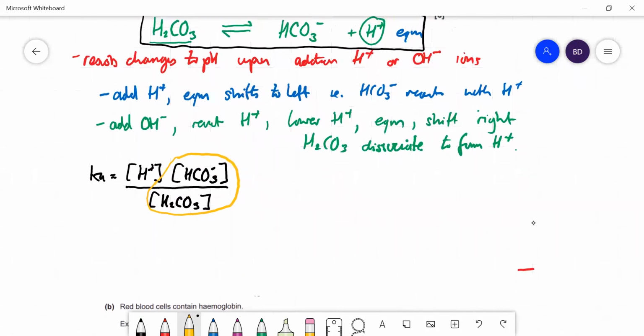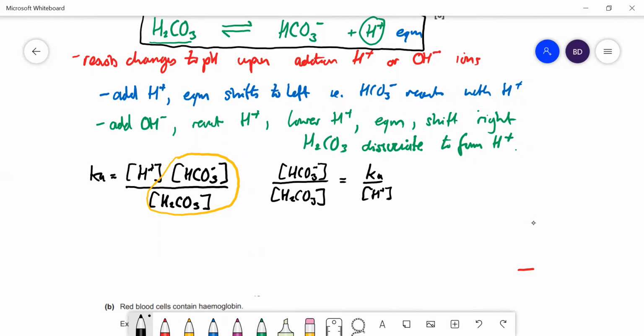So let's rearrange that equation to get that ratio. So what do we get? We get the hydrogen carbonate concentration divided by the concentration of the carbonic acid, and that's going to be equal to Ka divided by H plus concentration.